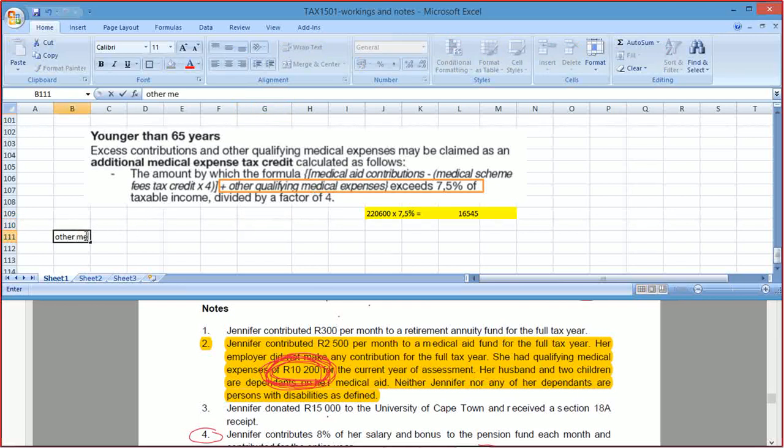Okay, so other medical expenses. How much were the other medical expenses? 10,200. Okay. We need to look at the limitation. So, taxable income, 7.5% of 220,600 equals what? Let's check.